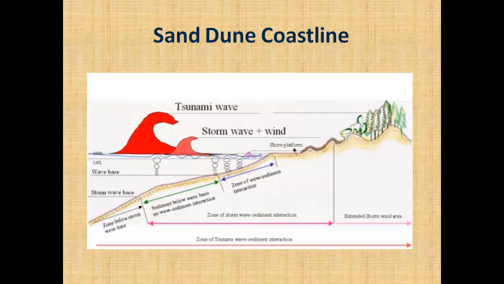So these coastlines basically have a cyclic erosion.